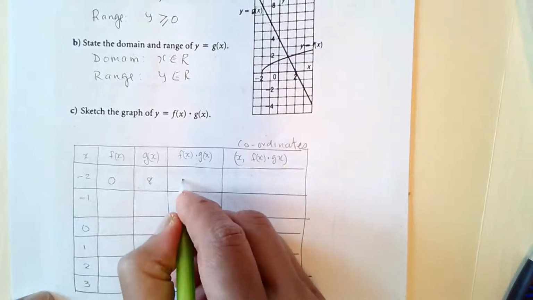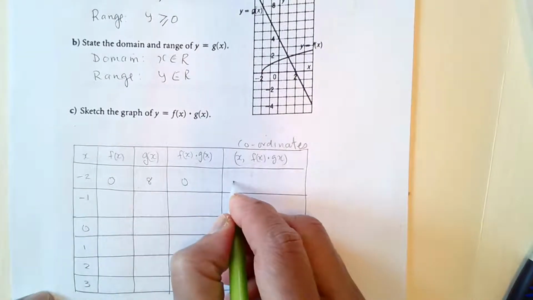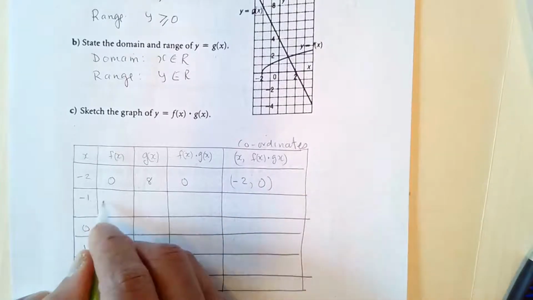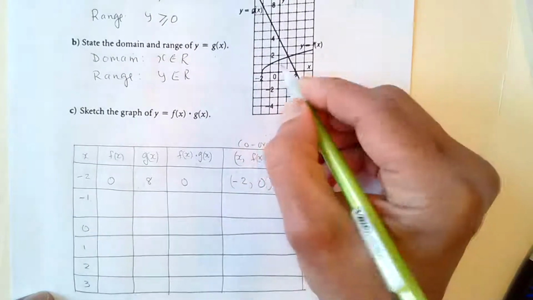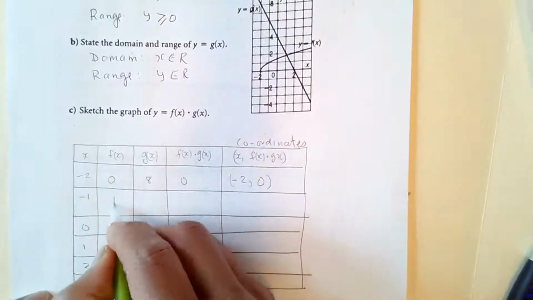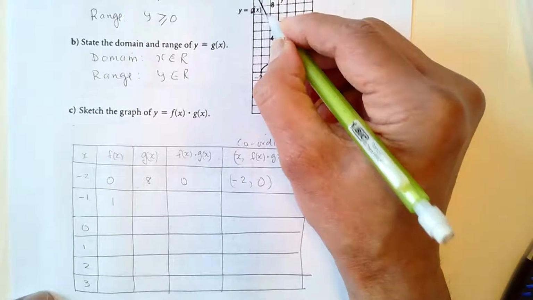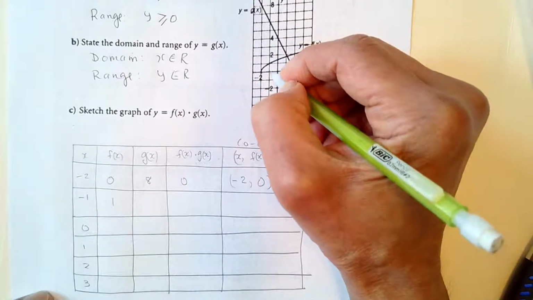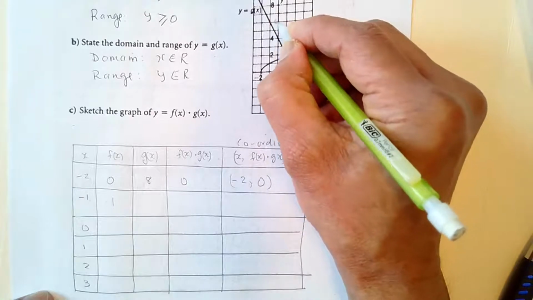So 8 times 0 is 0, so my point would be -2, 0. -1 is my next point, f of x is 1, and g of x is 6.